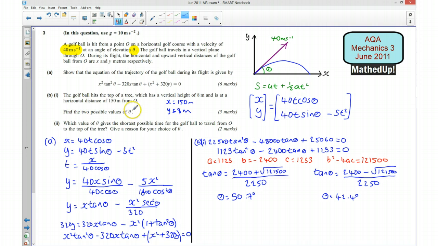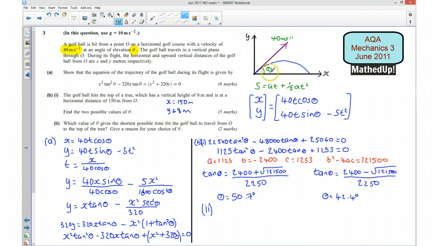Okay, however, part 2 explains to us that both of these are going to take different times to hit the tree. So there are two ways of thinking about this.